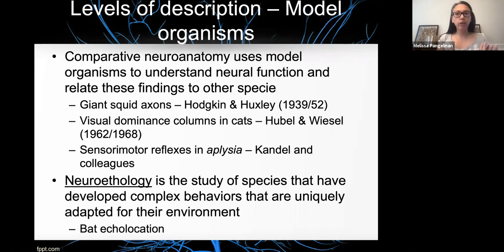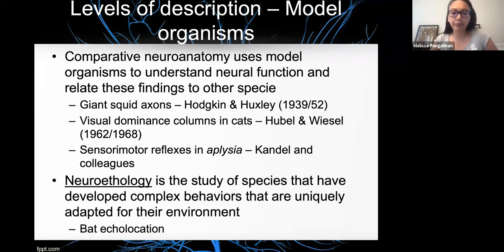They were awarded the Nobel Prize in 1963 for their work on the giant squid axons. One of the reasons they were able to do this is that the giant squid axon is visible by eye, so you don't actually need high density microscopes to see how those cells are working in real time.